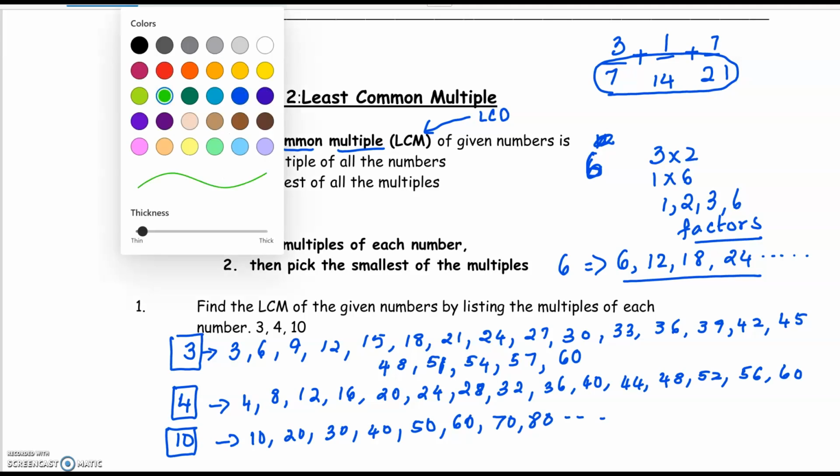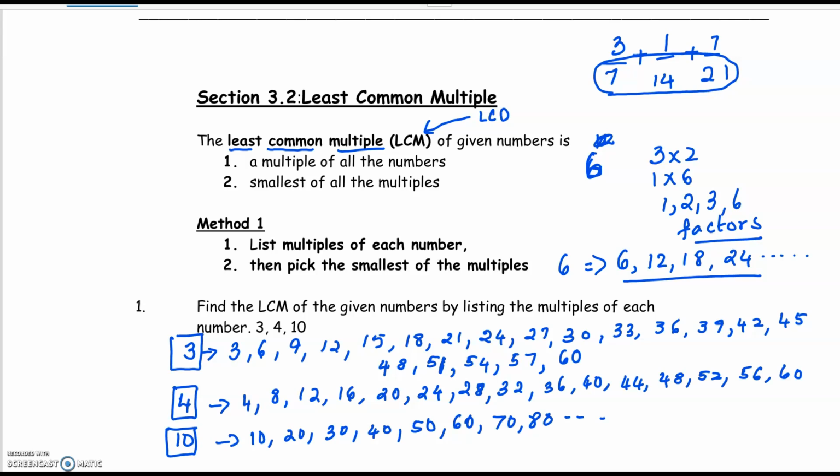So what we've done so far is listed multiples of 3. So let's look at just the 3 and the 4. Let's compare the multiples of 3 and 4. So we have 3, 4, 6, 8, 9, 12, and notice that 12 is a common multiple. And we can keep going on, and the next common multiple is 24.